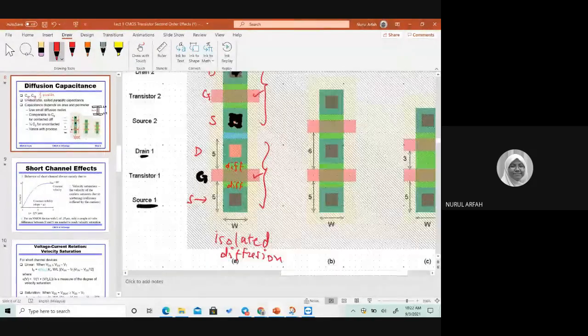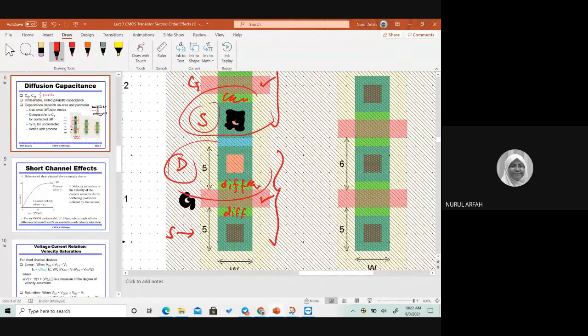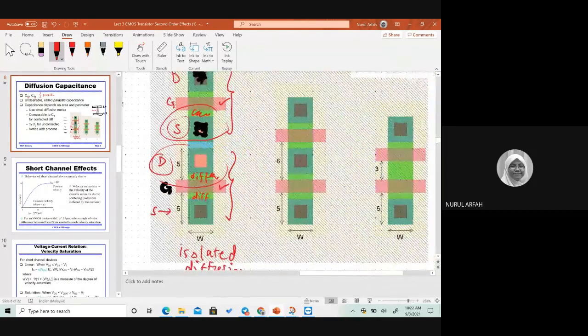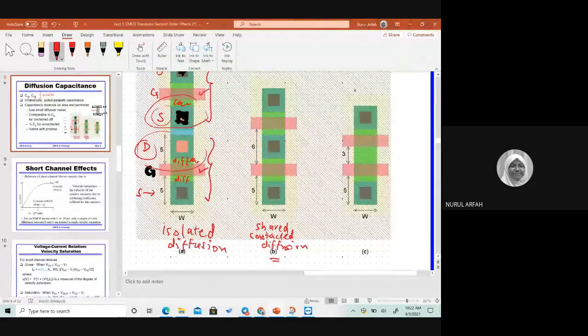Because if you look at the diffusion here, it has an isolated source and drain. Okay, the diffusion has its own isolated diffusion. In the middle, this is called a shared contacted diffusion. So we know that the green color is actually the diffusion, right? This is a diffusion.